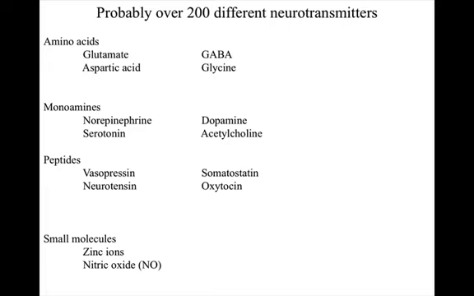A neuron that delivers GABA is called GABAergic. A neuron that delivers acetylcholine is called cholinergic, and so on. If a neuron delivers small quantities of other neurotransmitters along with the primary neurotransmitter, those other neurotransmitters are generally packaged in the same vesicle and they're released simultaneously.